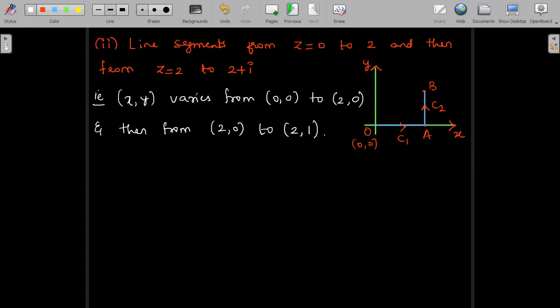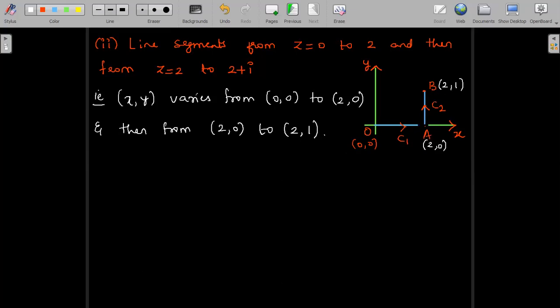Origin O is 0, 0 to 2, 0. The point A is nothing but 2, 0, the coordinates for A. Then B has the coordinates 2, 1. So we are moving from 0, 0 to 2, 0, and then from 2, 0 to 2, 1. Means O to A and then from A to B. That is why the arrows are towards the right and upward.